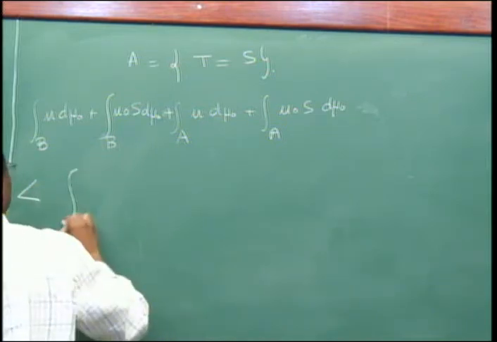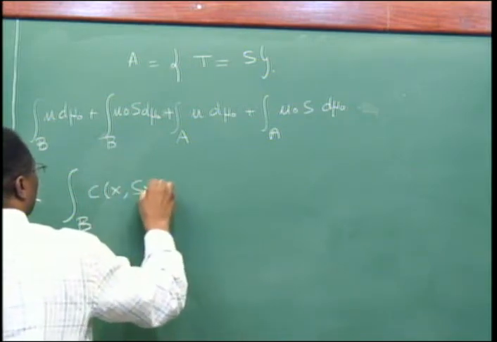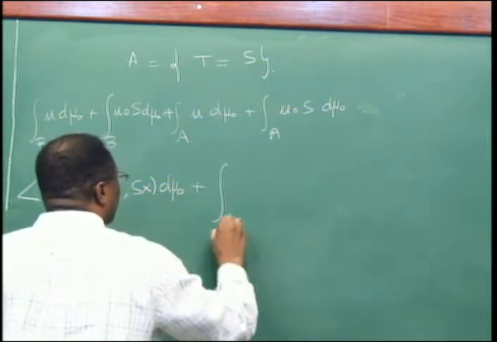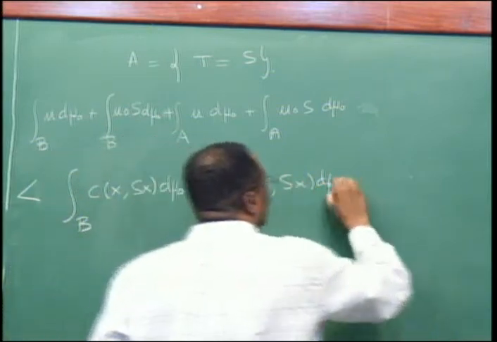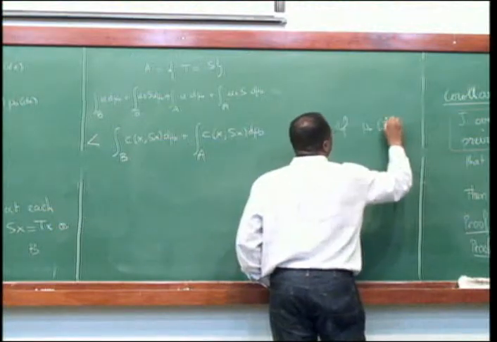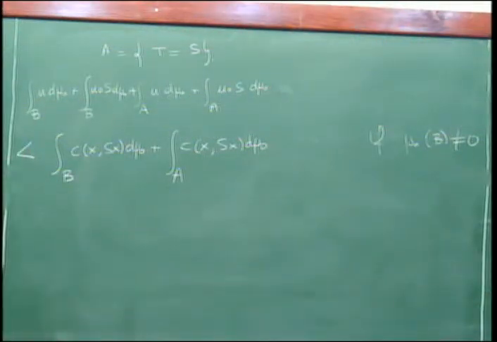This is strictly less than the integral over B of c of x, S of x, d mu naught plus the integral over A of c of x, S of x, d mu naught, if the measure of B is not 0. So if the measure of B is not 0, on B we have this strict inequality. When we integrate on a set of non-zero measure, we have a strict inequality.